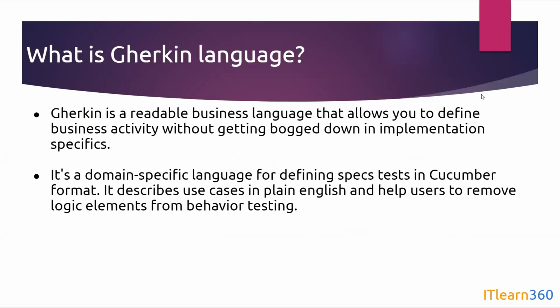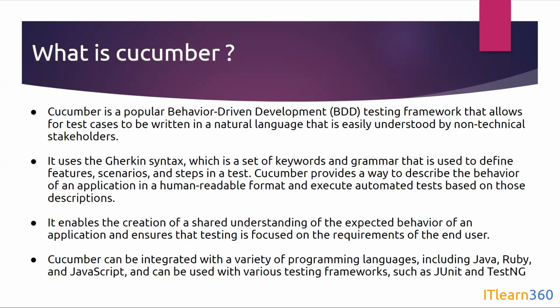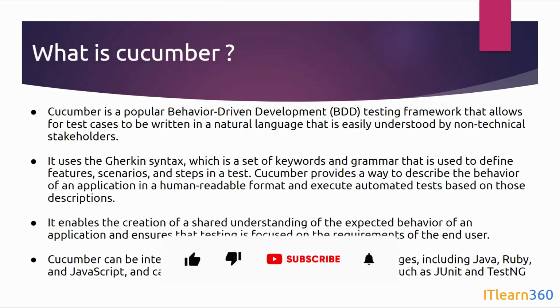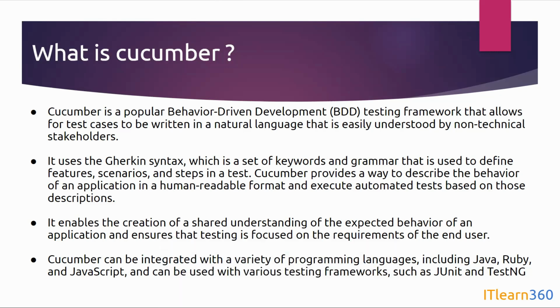The very first question usually asked in an interview is, what is Cucumber? It's very important to understand the definition of Cucumber. Cucumber is a popular behavior-driven development testing framework that allows test cases to be written in natural language that is easily understood by non-technical stakeholders. Basically, Cucumber is a language where we use Gherkin syntax, which is used for writing the test cases in normal English language.